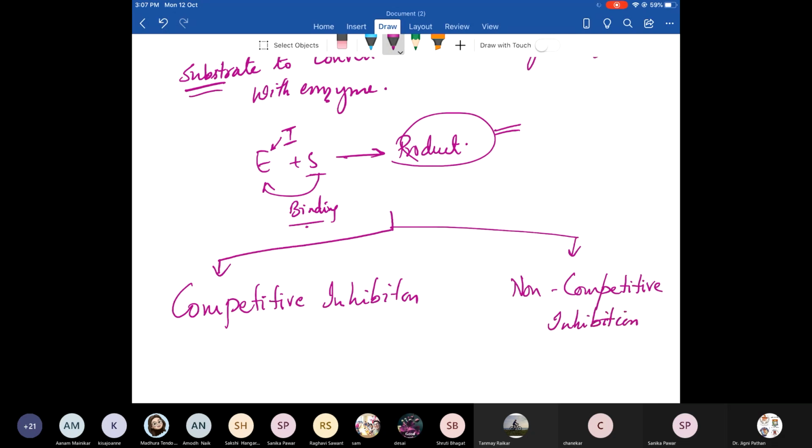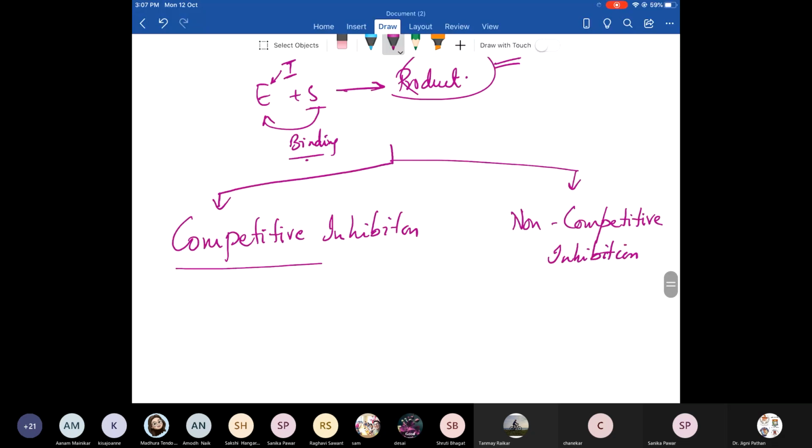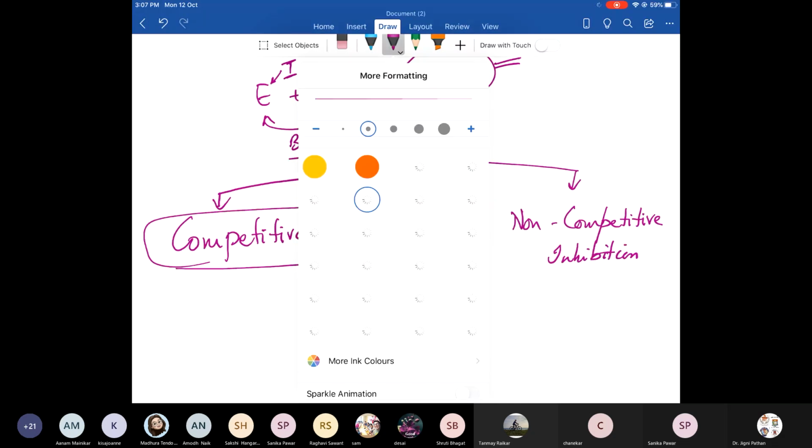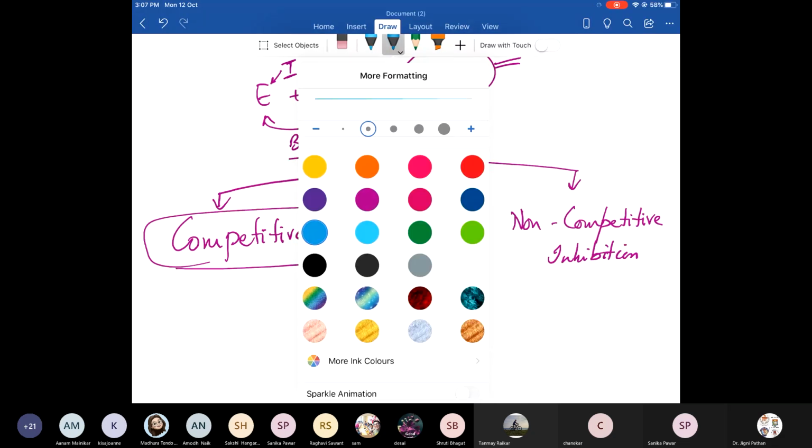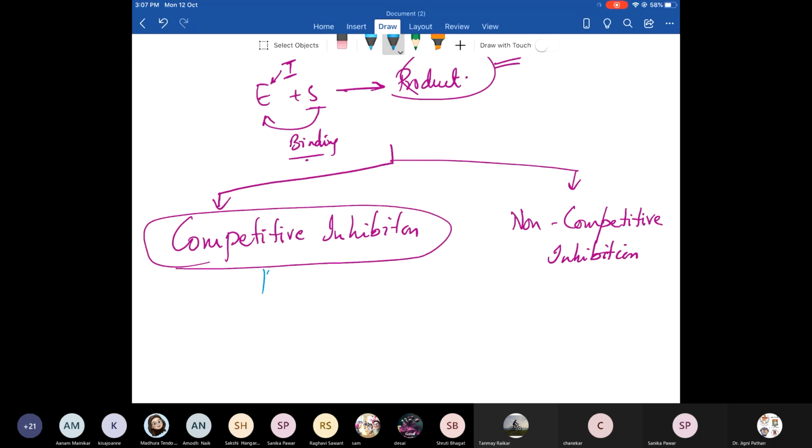One is competitive, other is non-competitive. So first let us discuss the competitive. Are you all ready? Are you all there? Active in the class.